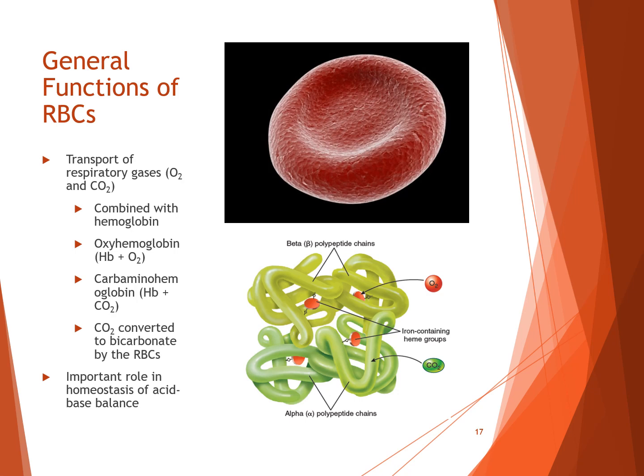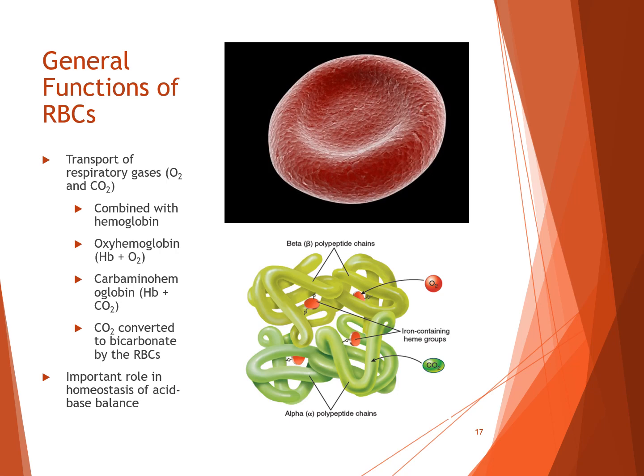That's why it's important for our bodies to have enough iron, because that is what attracts oxygen to the hemoglobin. And that is what increases the efficiency of these red blood cells to transport oxygen around the body for use in our tissues and our cells. Now, when an oxygen molecule attaches to one of these heme groups, it's called an oxyhemoglobin molecule.